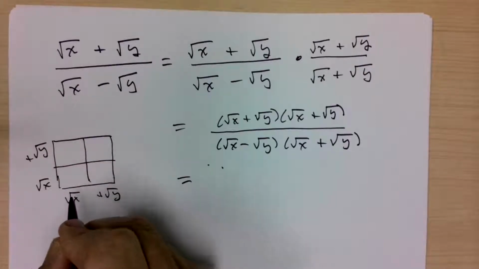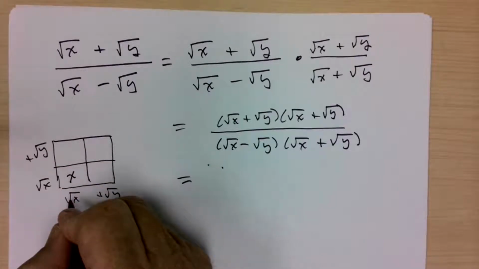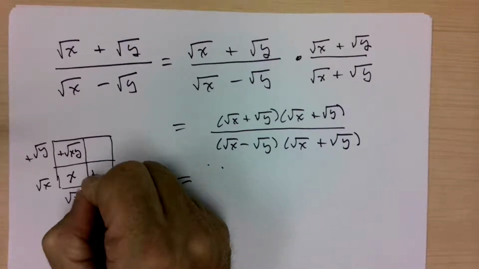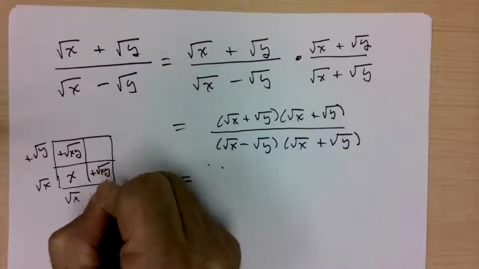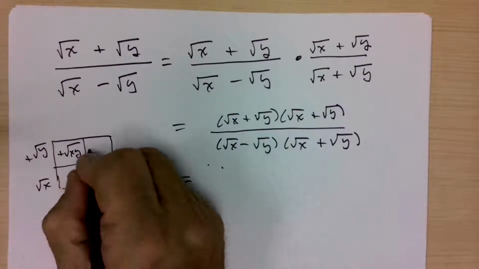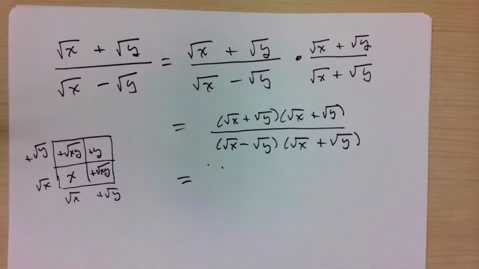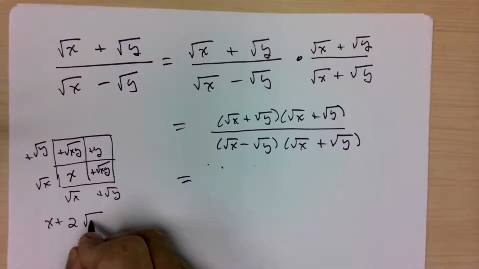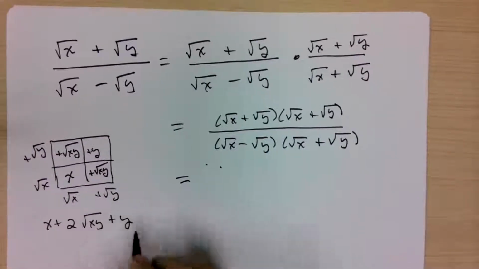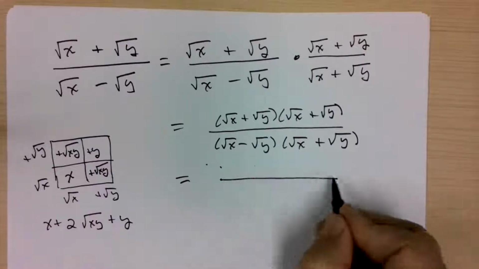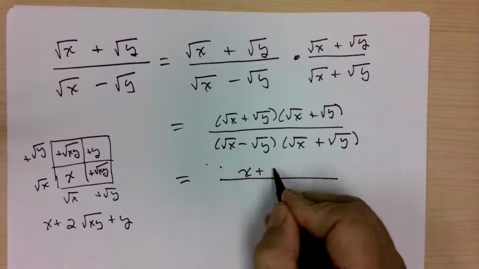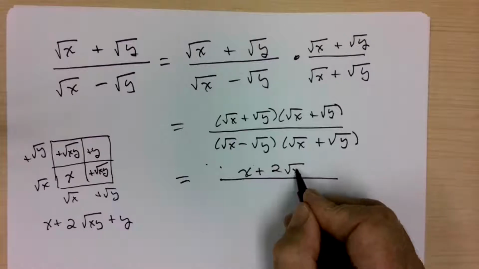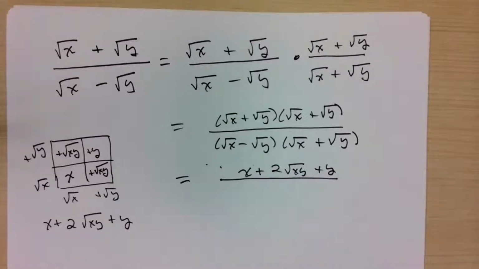Root x times root x is root x squared, or just x. Root x times root y is plus root xy. Root x times root y is plus root xy. Root y times root y is plus y. So we get x plus 2 root xy plus y on the top.